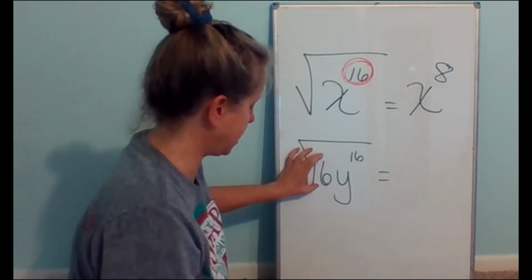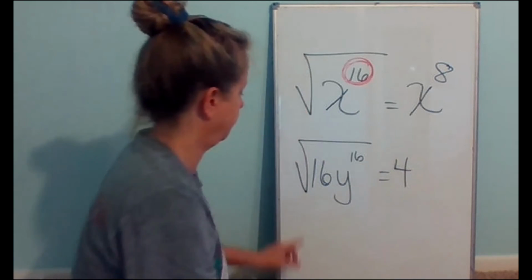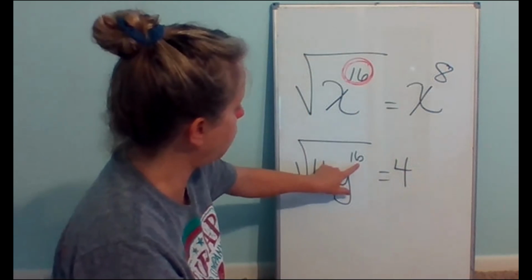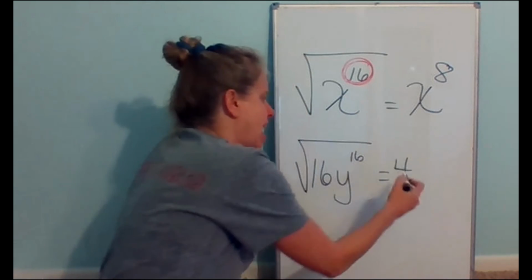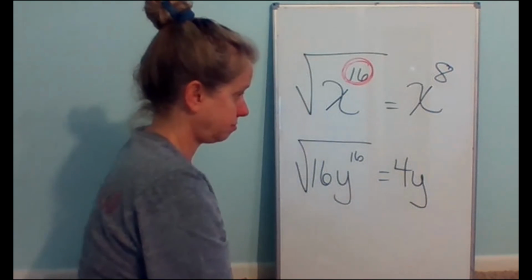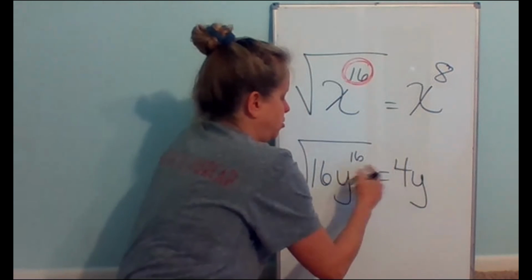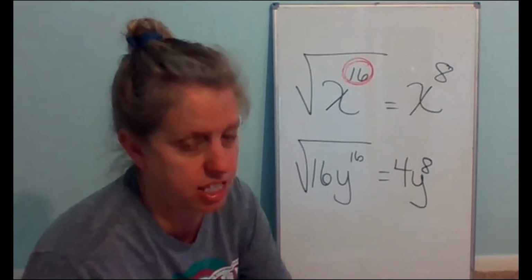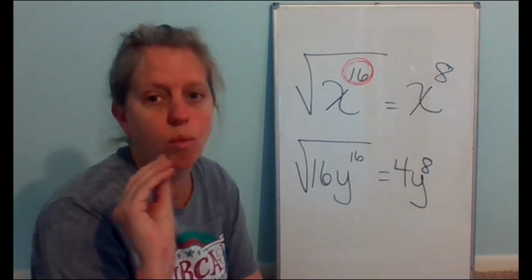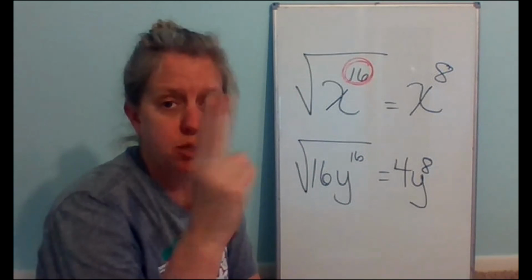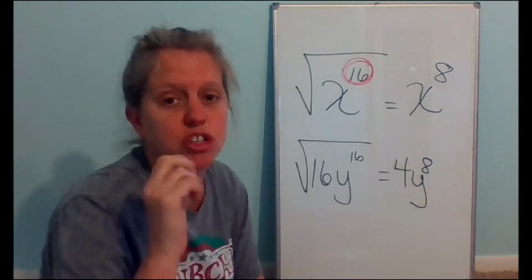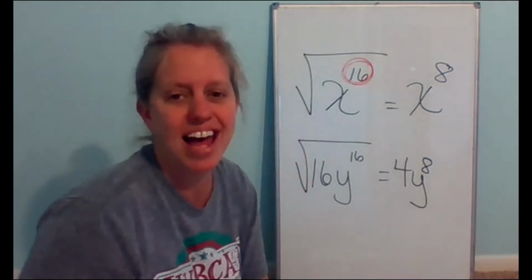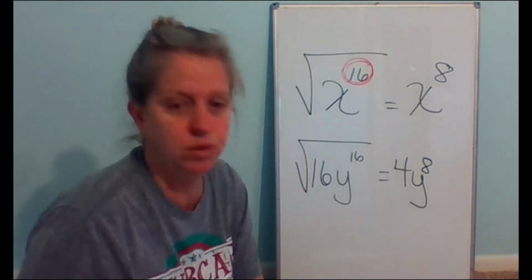This big number is still 4. The square root of y to the 16th, now I can use my exponent rule that says to divide my exponent by 2 to get y to the 8th. So don't confuse the two. We only use that divide your exponent by 2 rule when you're talking about square roots of exponents only.